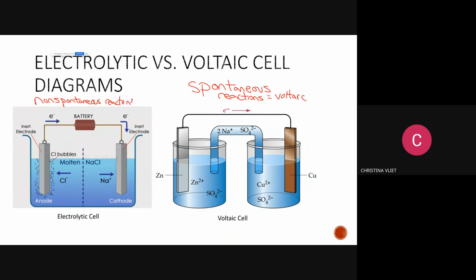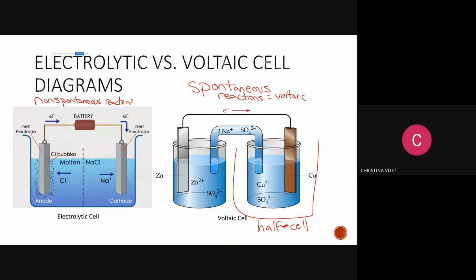So I want you to see what's going on here in the voltaic cell. The first thing you asked is, what's a half cell? This, for example, is a half cell. It's where either the oxidation is taking place or the reduction is taking place.